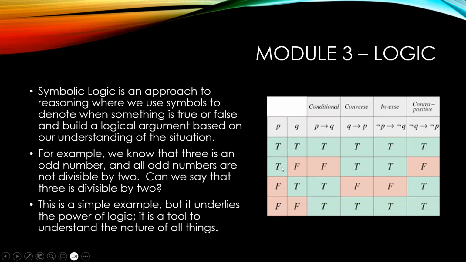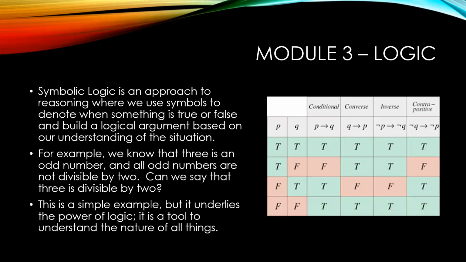Or it could be that P is true and Q is false. It could be that P is false and Q is true. Or it could be that P is false and Q is false. Those are really the only possibilities for those statements. Either they're both true, they're both false, or one is true and the other is false.